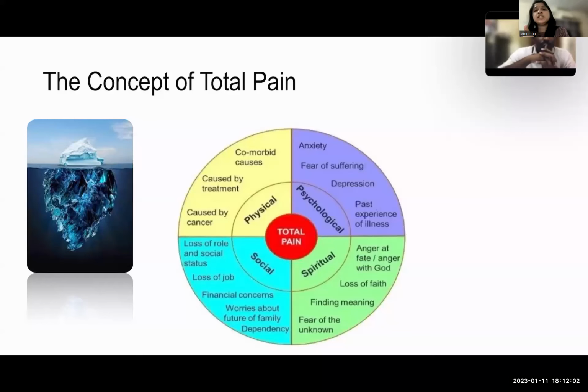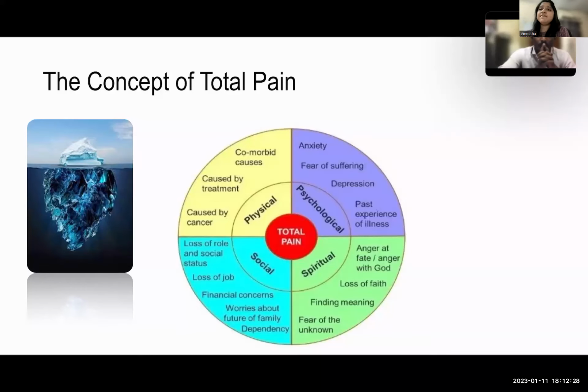And social concerns means the patient might have been the sole breadwinner of the family, but now he has lost his job, he has lost his role in the family, he has a lot of debt and financial concerns, and all this comes under the socioeconomic or social concerns. All these 4 domains equally contribute to the patient's total pain experience.